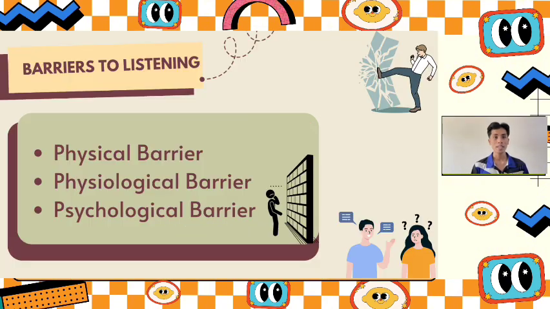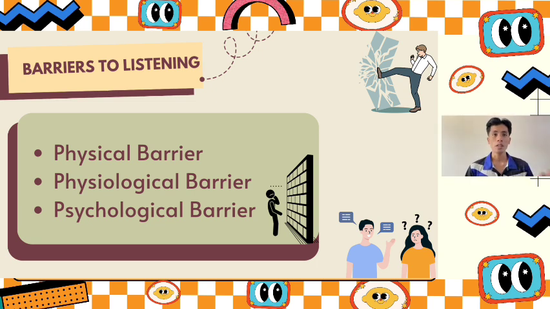But class, we also need to consider that there are problems or hindrances to listening. So let's talk about the different types of barriers in listening. First, we have the physical barrier.